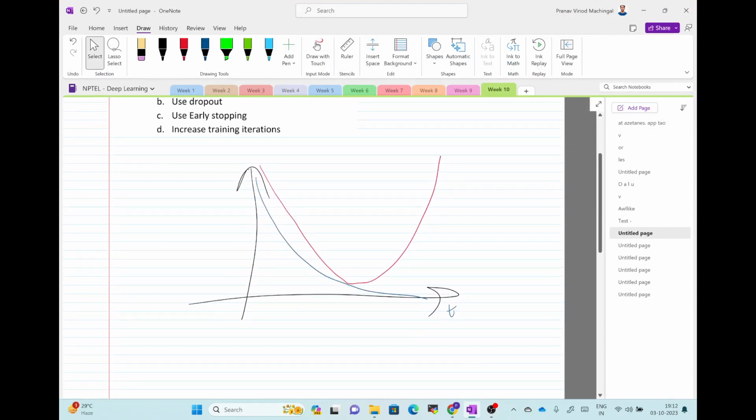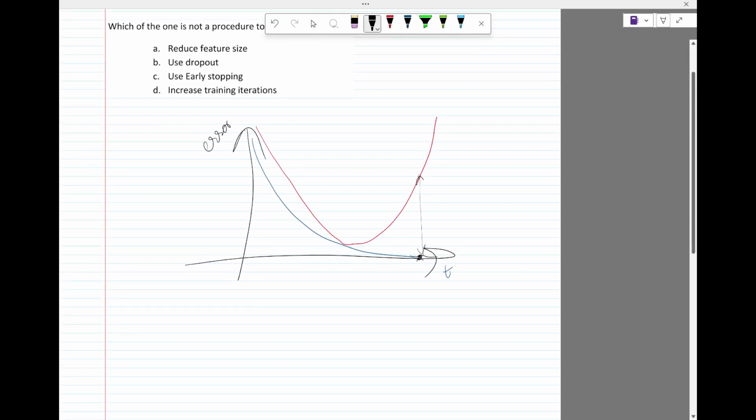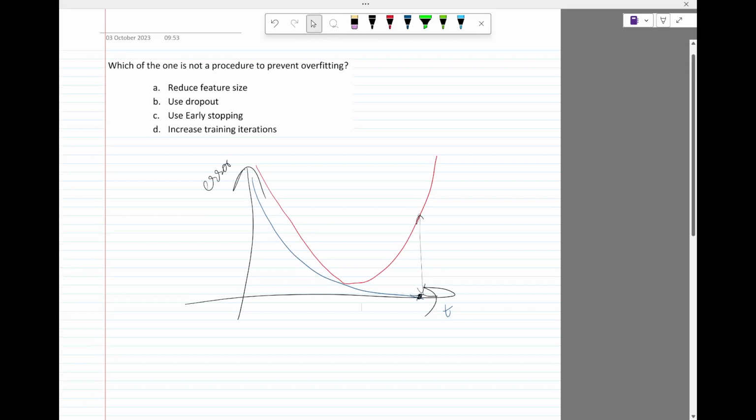If you stop your training somewhere over here, where your training error is low, then on your validation set you are getting a very high error. So this is overfitting. You want to prevent this, and they're asking which one is not a procedure to prevent overfitting.